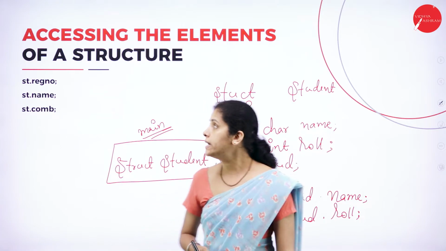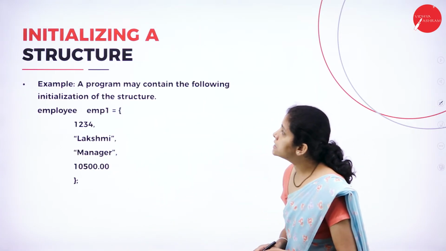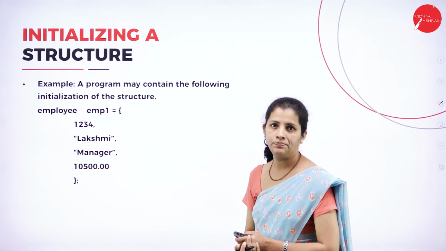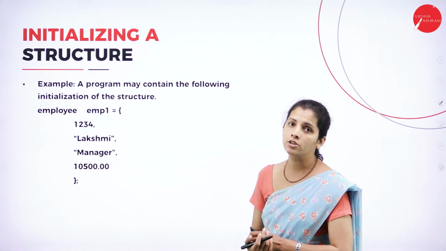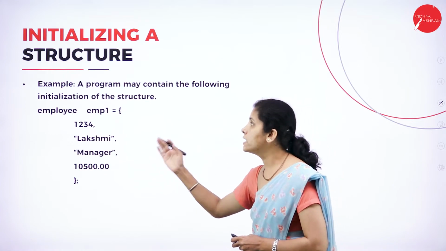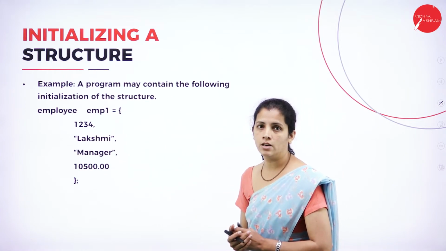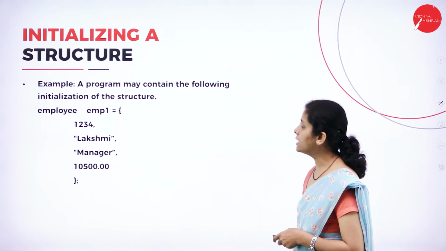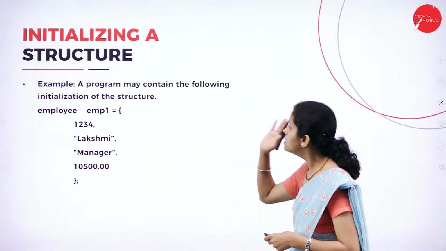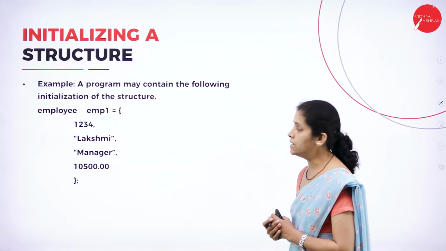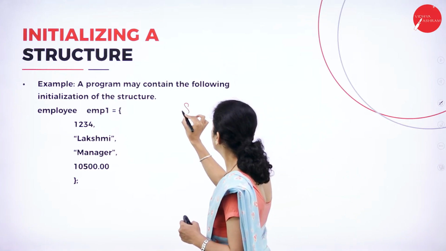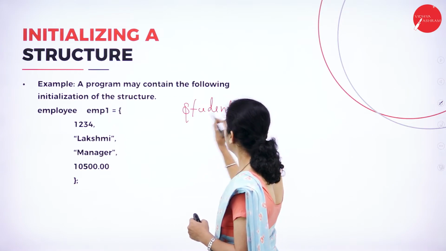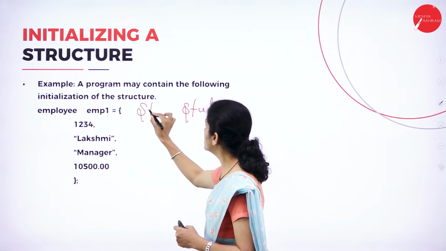Now, dear student, let me consider how to initialize a structure. This is the way I can initialize a structure. Let me consider the previous example, the student structure itself. For example, I'll write student. It is a structure, right?